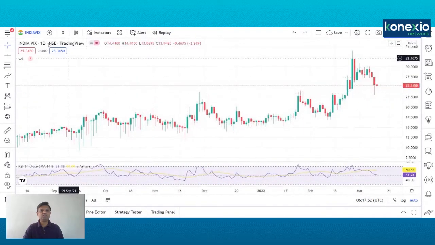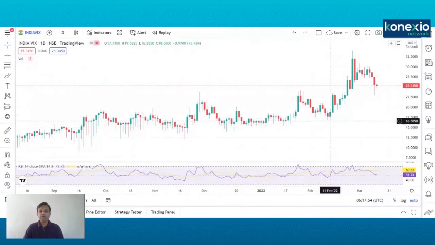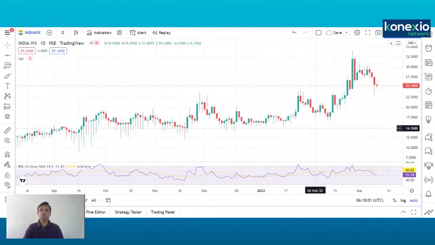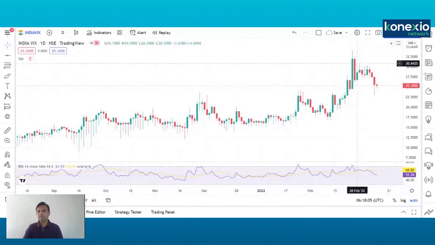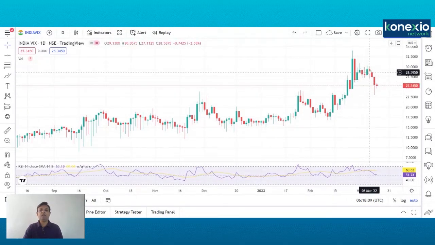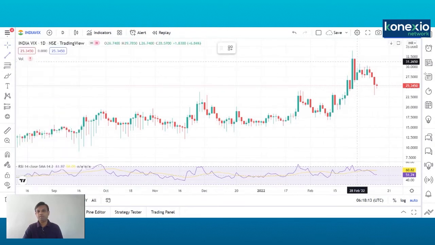This is the daily chart of India VIX. It rallied from the levels of 15 till 32. So the market corrected sharply in the last 2 months. After that, India VIX consolidated in a pennant formation. I will show you that particular formation.